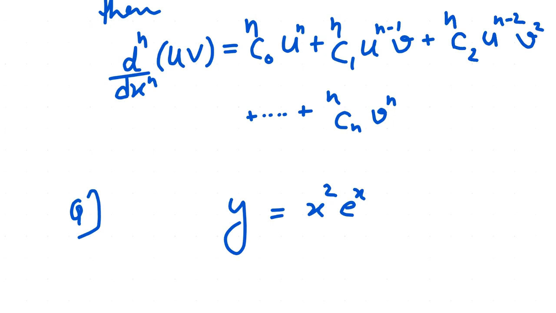But if we choose v as x square, it will soon become 0. So we choose as the second function, v, the term whose derivative becomes 0 soon. So we will take this as u and this as v. Okay. You got it?